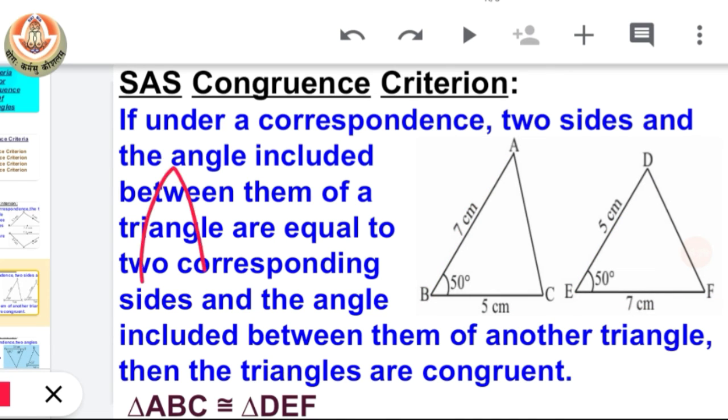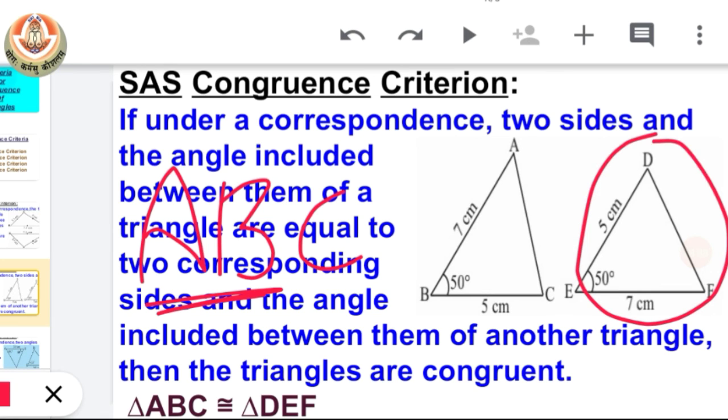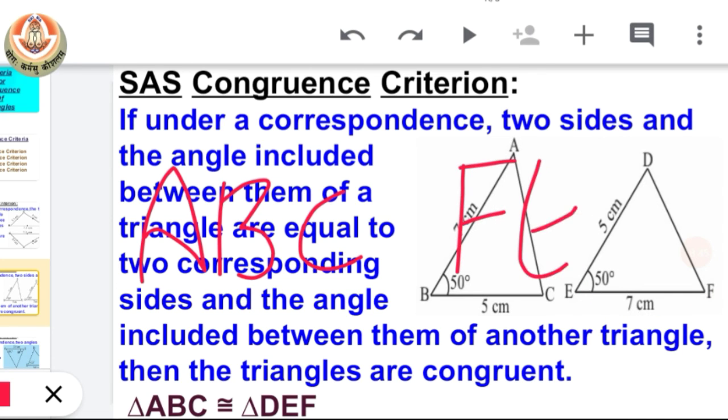For ABC, this AB side, which is 7 centimeter, should correspond to the other triangle's side, which is 7 centimeter. So we have to write it as F, E. And then we have E and F with the 50 angle, and then this D point. So how you have to write it is, triangle ABC corresponds to F, E, D. Okay.